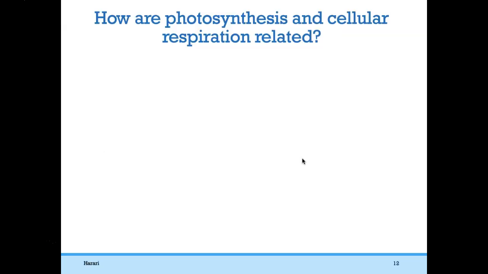What I want you to focus on, perhaps more than anything in this chapter, is how photosynthesis and cellular respiration are related. The two reactions are so fundamental to life that every student studying biology must be at least familiar with them and how they're related.